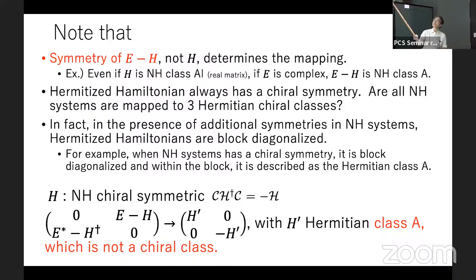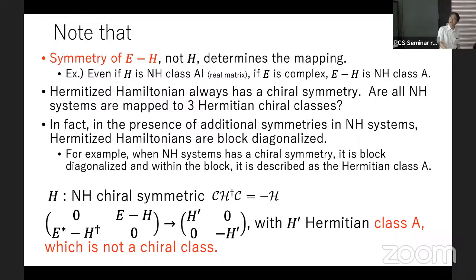So if you consider the Anderson transition at energy in the complex plane, then the system is not non-Hermitian class A1, but is regarded as non-Hermitian class A, because E is complex. So E minus H is no longer real. So we need to be careful about choosing A, because E destroys some of the symmetry of the Hamiltonian.